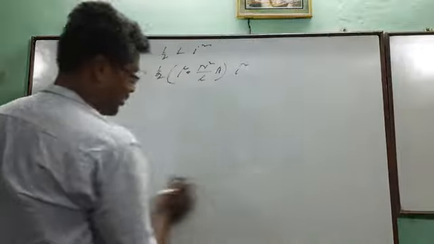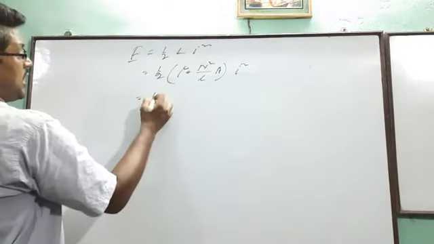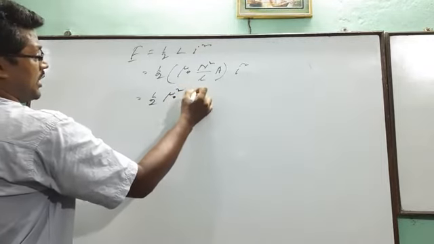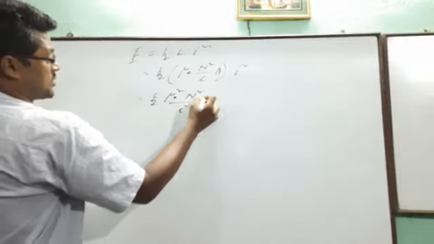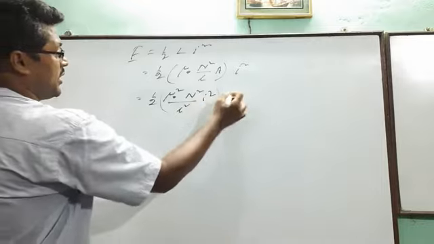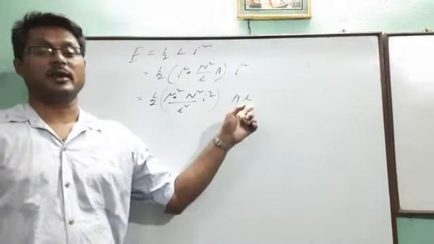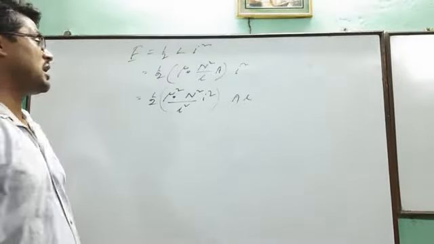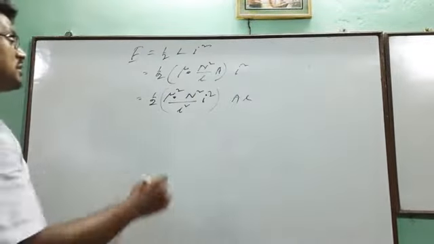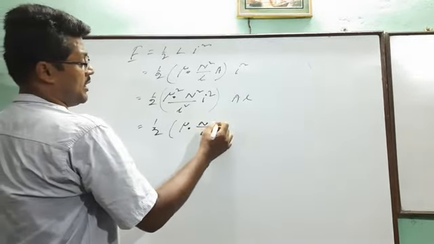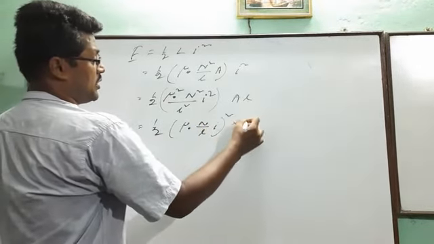Now we can modify it this way. This is half mu 0 square n square by L square I square into A L. Here I have taken a square, so I have multiplied it, and I square is already there. Now it can be written in the form of half mu 0 n I whole square into A L.